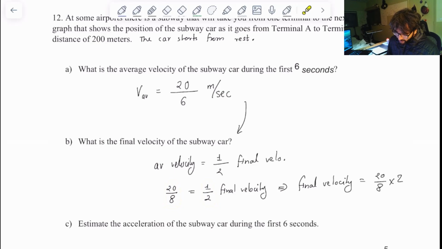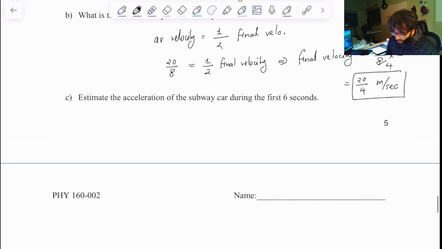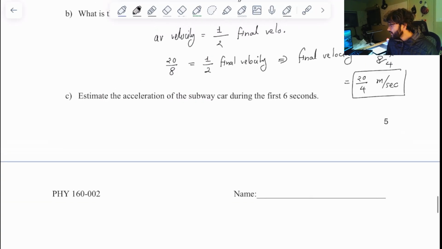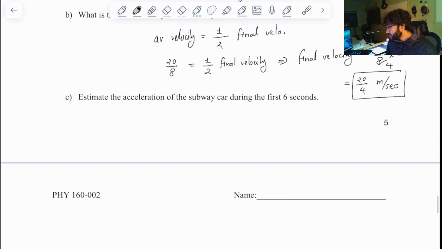If you multiply this side by 2, then this 2 will cancel the 2 downstairs, and then you will have an additional 2 multiplied by 20 over 8. So that means that this is equal to 20 over 4 meters per second. That's the final velocity.